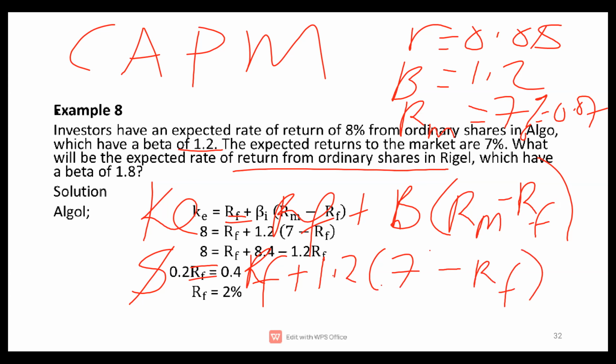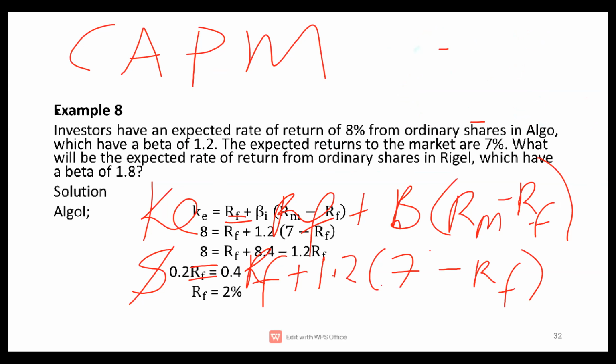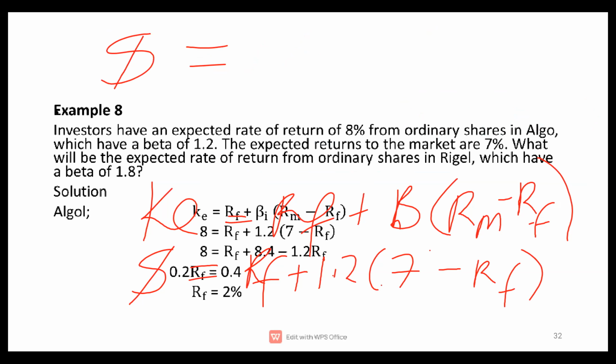First of all, we are solving for the risk-free rate, which is very, very important. We don't have the risk-free rate, so let's find it in order to use CAPM. What you are going to do is FOIL.